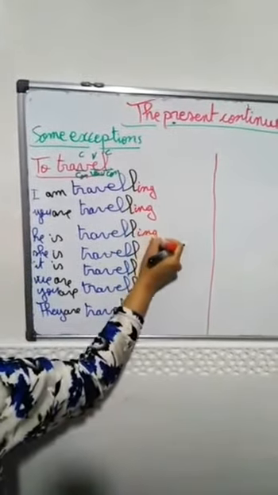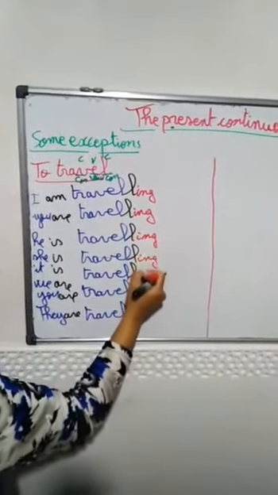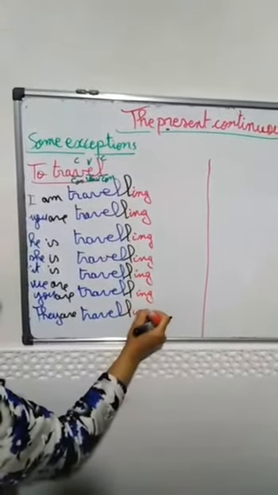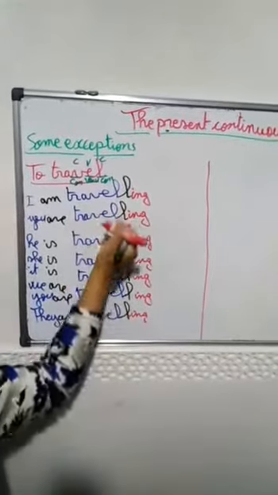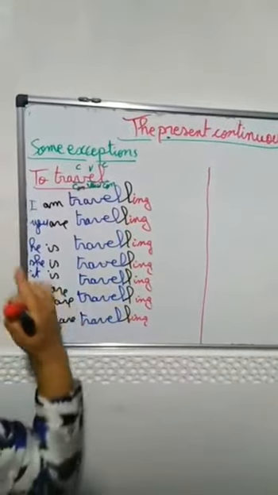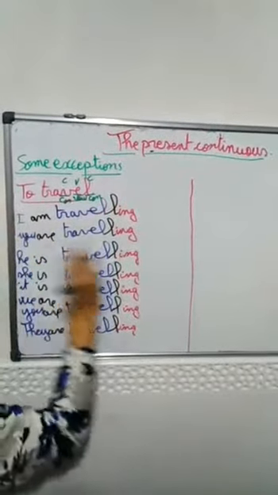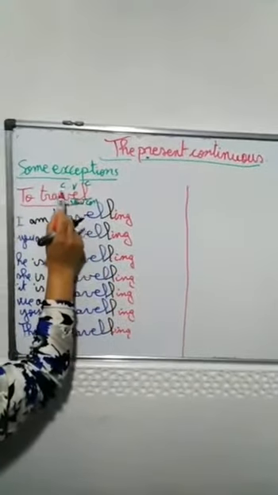Before adding the ing form, we have to double the last consonant. And we have traveling with double L, not one L. Why? Because the end of this verb is CVC. Once you find CVC verbs, it means that we have to double the last consonant before adding the ing.